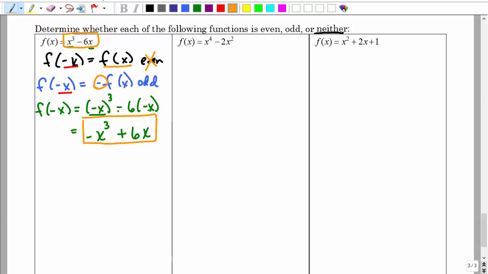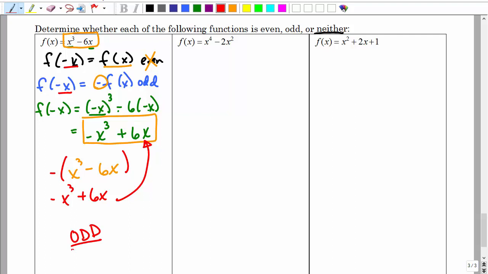Well, what is the opposite of x cubed minus 6x? The opposite is if I put a negative and distribute it. Look at that. So it is the opposite, so this function is odd. And that doesn't really surprise me because we had an odd exponent there and an odd exponent there.